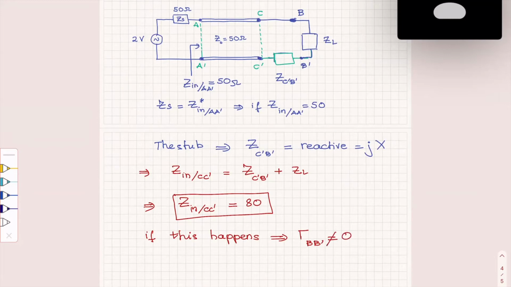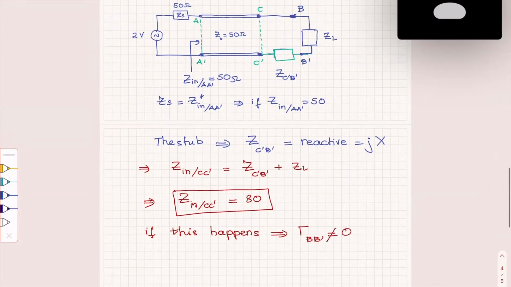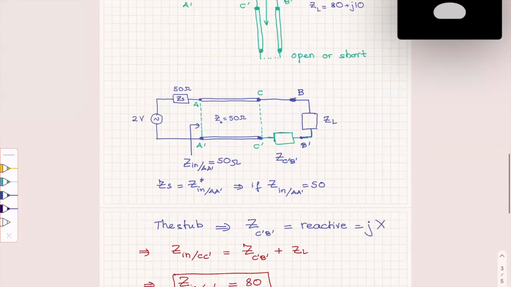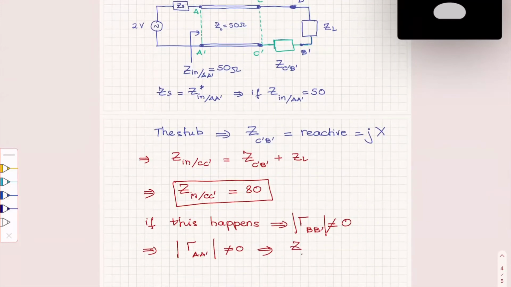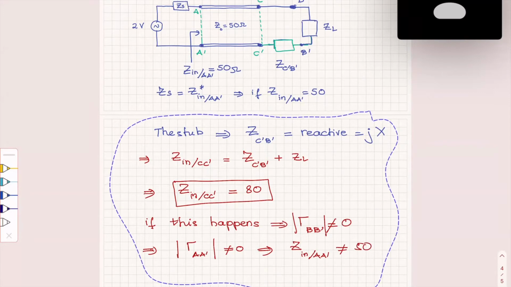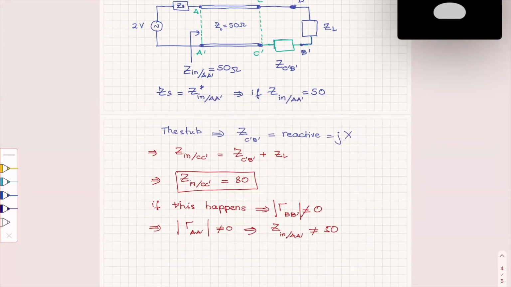Therefore, it's gonna have a magnitude not 0, which implies that the magnitude of the reflection coefficient at AA prime is not gonna be 0, which implies that the input impedance at A prime is not gonna be 50 ohms. So that cannot help me. This solution is not possible. All right. So at least we know that we cannot use a series stub there at the end.